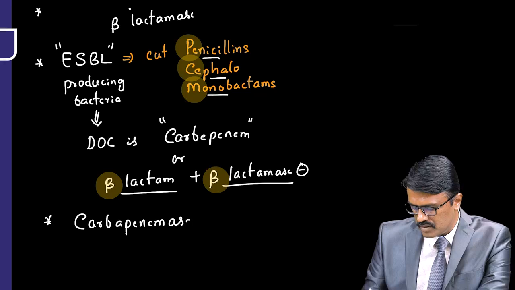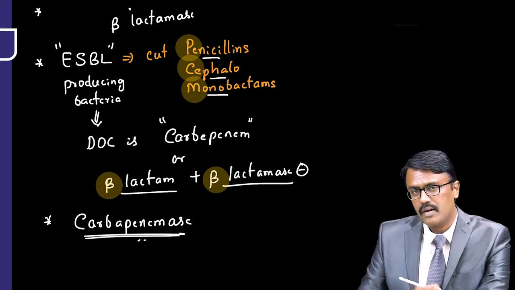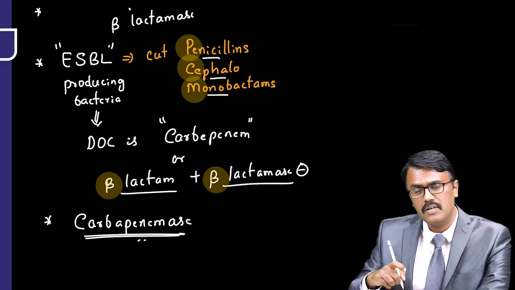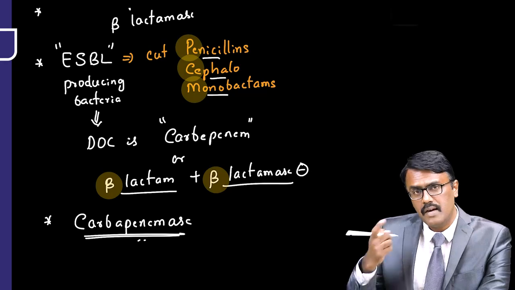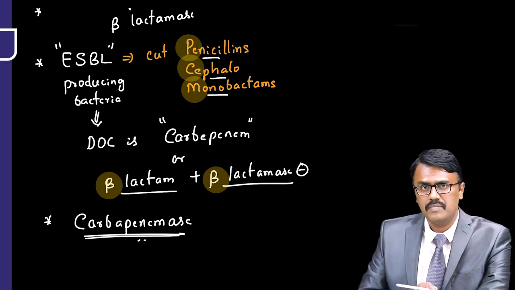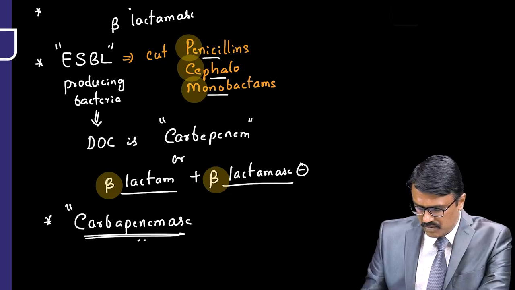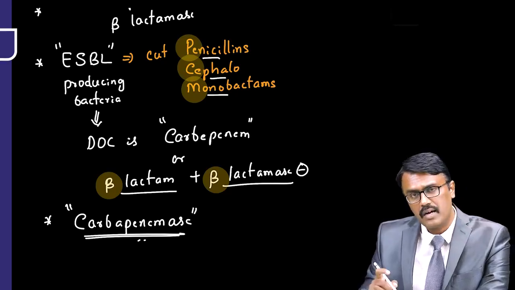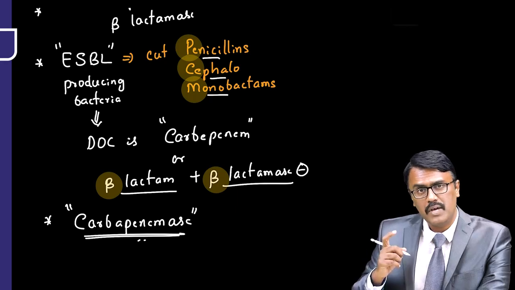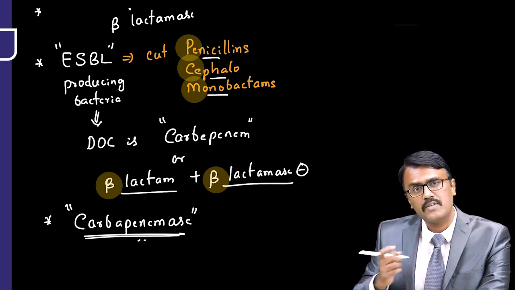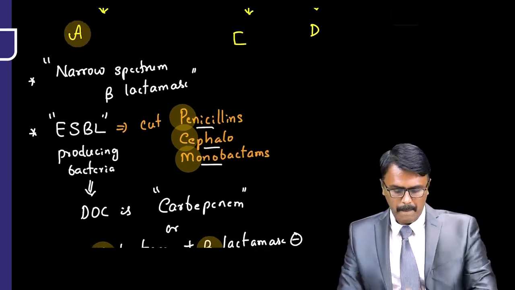I told you the carbapenem is not cut. Now Klebsiella is also producing an enzyme called carbapenemase, and that is also cutting the carbapenem. So this is the problem we are facing. We are getting carbapenemase-producing bacteria also. So that is the story here.